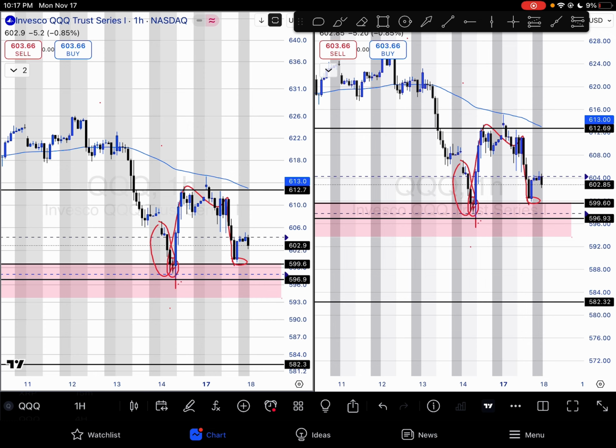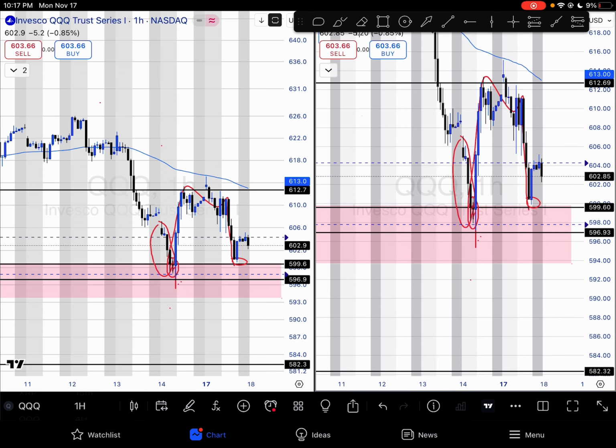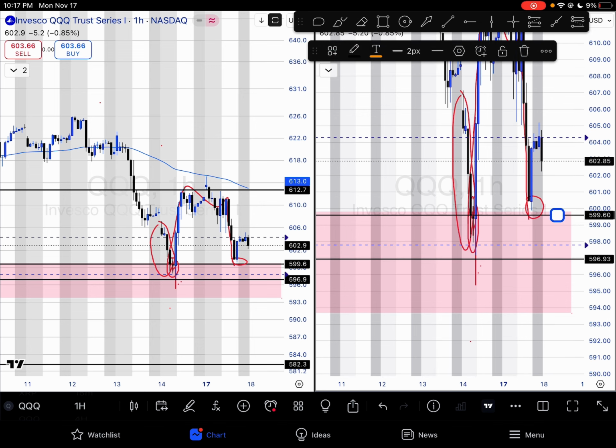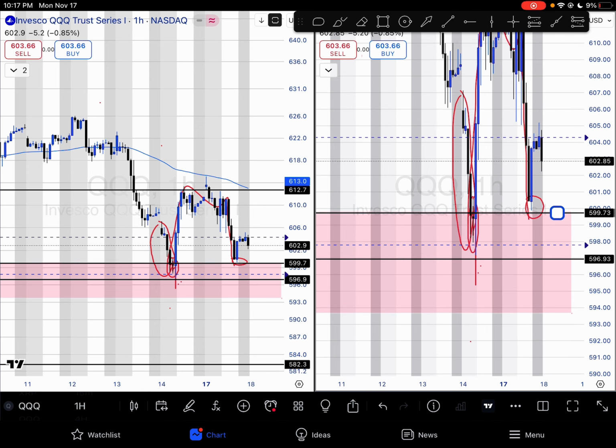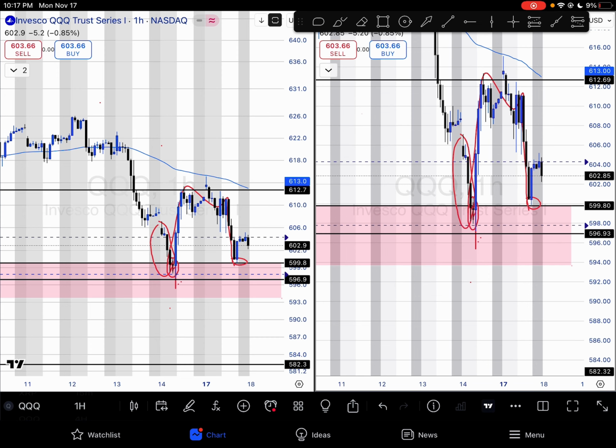So let's now talk about why this trade shouldn't have been taken, as far as puts. First, this line, the 599. You can see each line matches up with a box on the right side, so you can see exactly what number it is. 599, the line for 599.